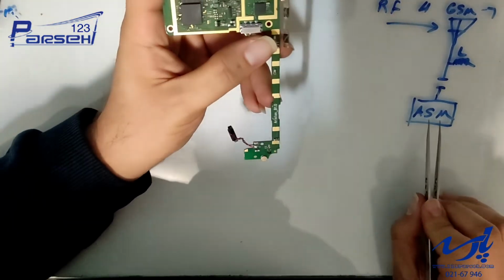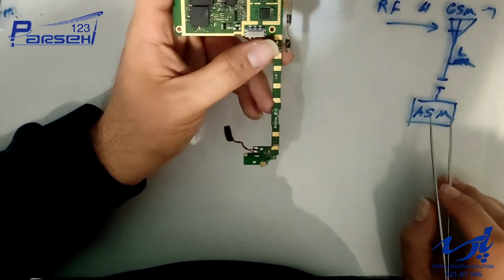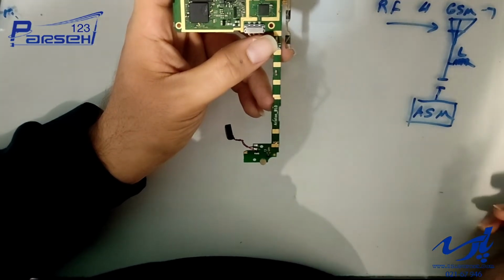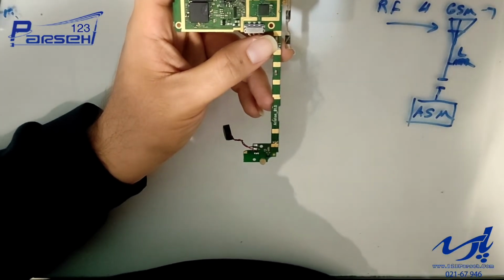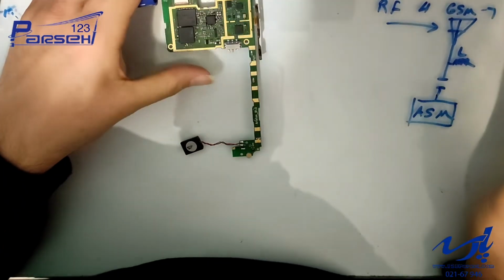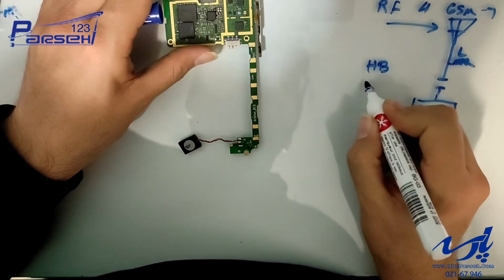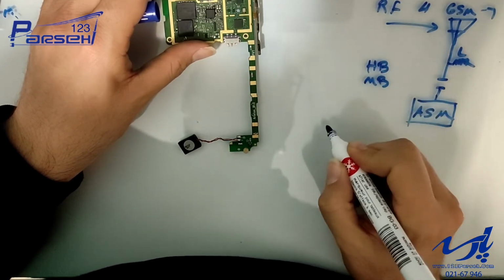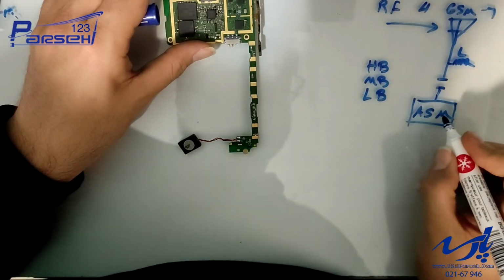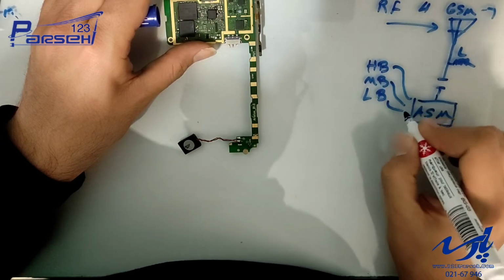It is responsible for switching between the BTS or the bands for your antenna. What do I mean by bands? We have 3 bands in our GSM signals: high band, HB, medium band, MB, and low band. The ASM is responsible for switching between these 3.